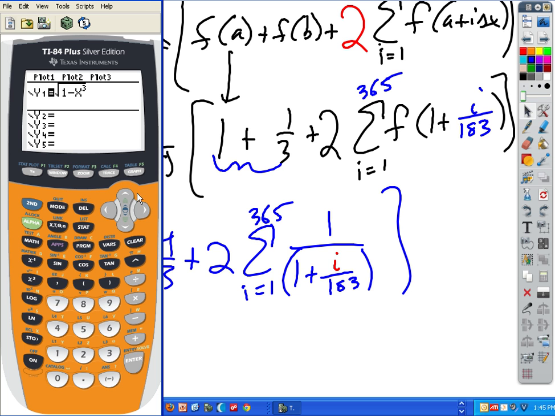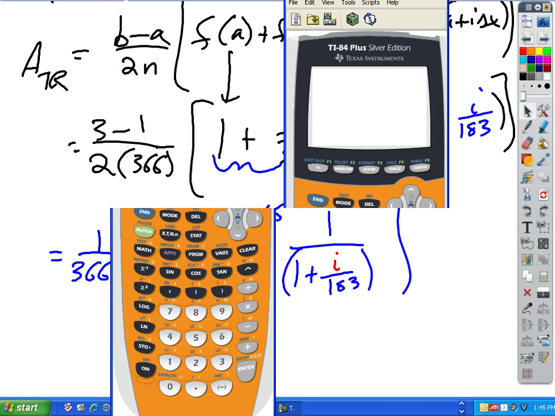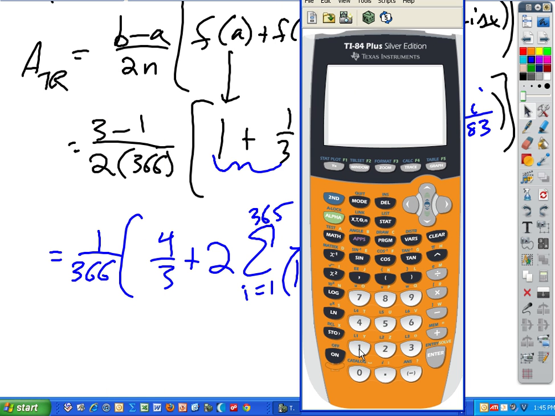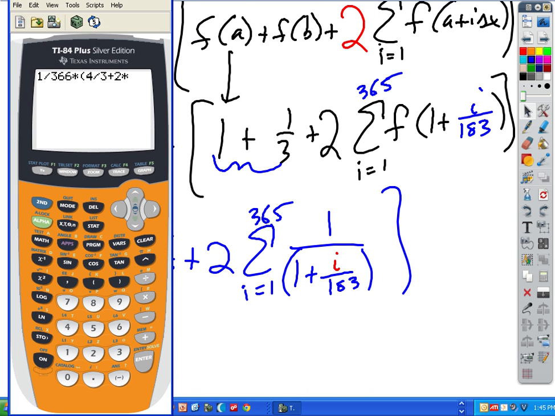Okay, so we got 1 over 366 times this big quantity, 4/3 plus 2 times all that stuff, right? So how do we put that in? Everybody agrees that part's correct, right? Yep. So we got to fill in this sigma.